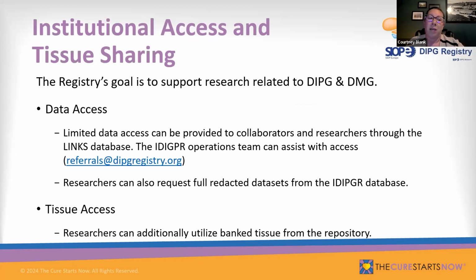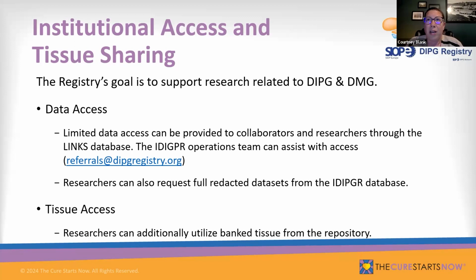So there are several ways that we can share our data and provide access. Within the DIPG website, we have a links database which offers researchers and clinicians a snapshot of the data that is currently in our secure database.